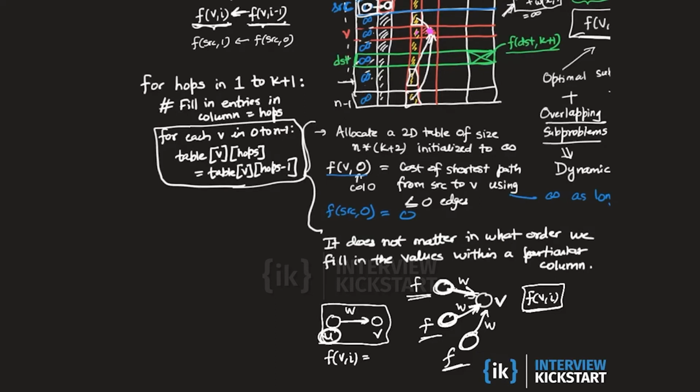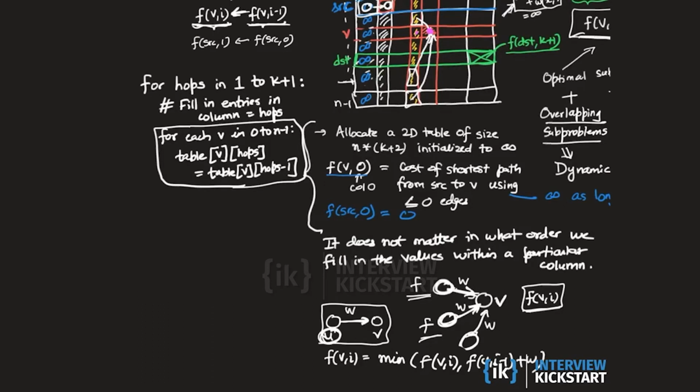If f of u comma I minus 1 plus w is smaller than f of v comma I, then I can update f of v comma I to be that. So f of v comma I is going to be the min of f of v comma I and f of u comma I minus 1 plus w.